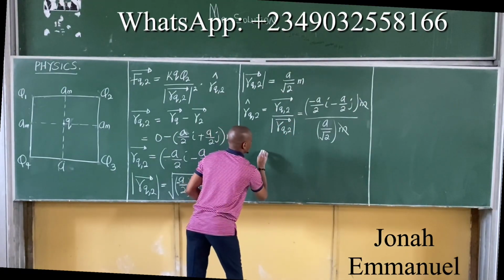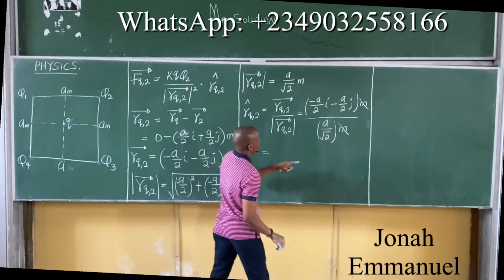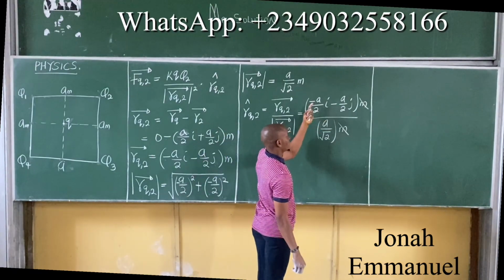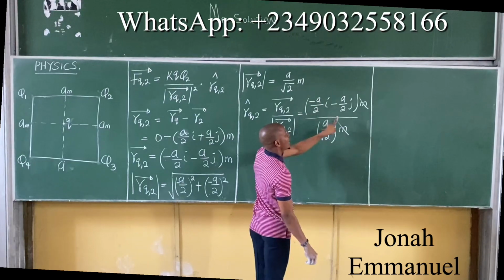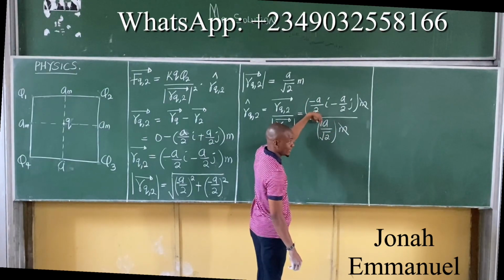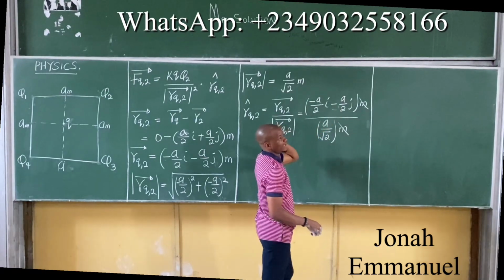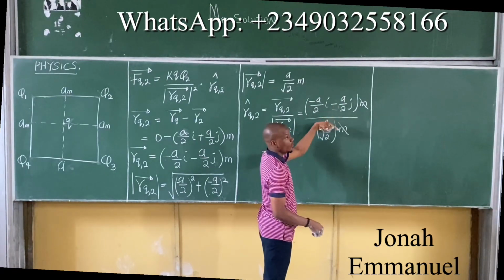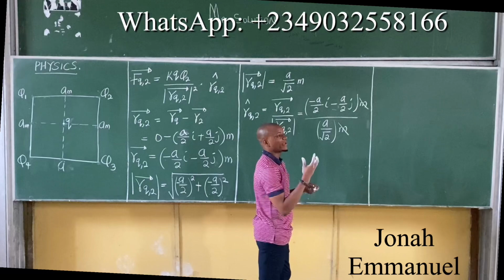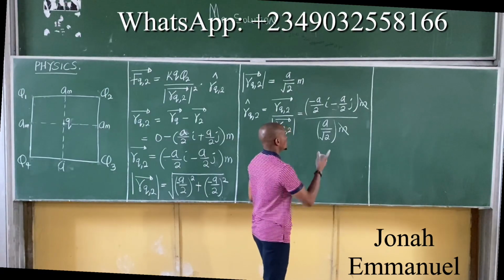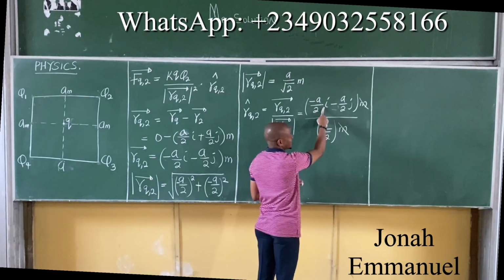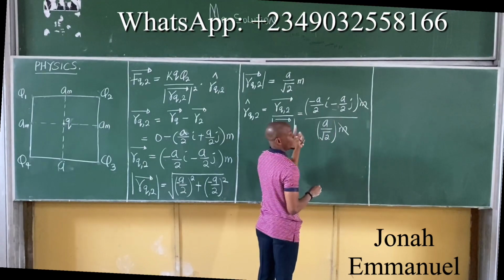This is now equal to, we said factorize. Factorize a over 2 outside, give out the minus. We know that minus is also common here, but since this is a vector and minus connotes direction more, I'll leave the minus with i instead. So factorize out a over 2.